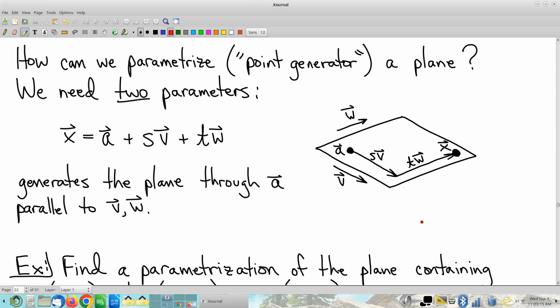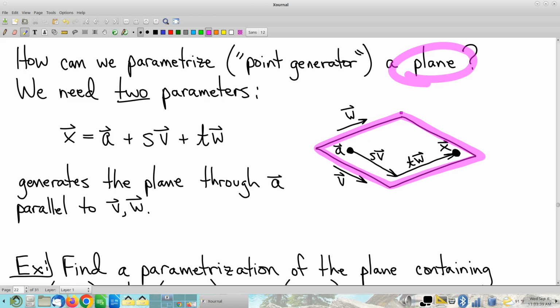If we want to parameterize something different, in this case a plane, how would we do it? I need position as a function of... one parameter is not going to cut it. If I have position as a function of one parameter, it's going to make a curve. That's what parametric curves are. I need to make a plane.